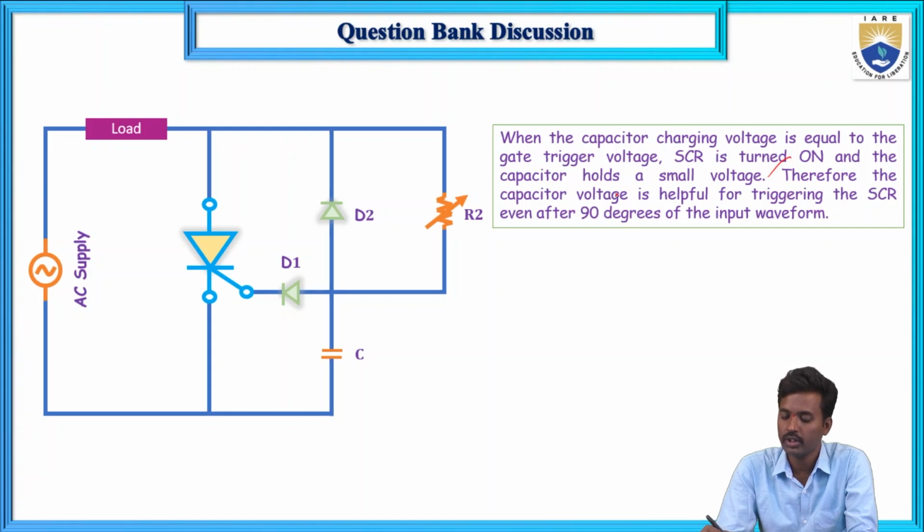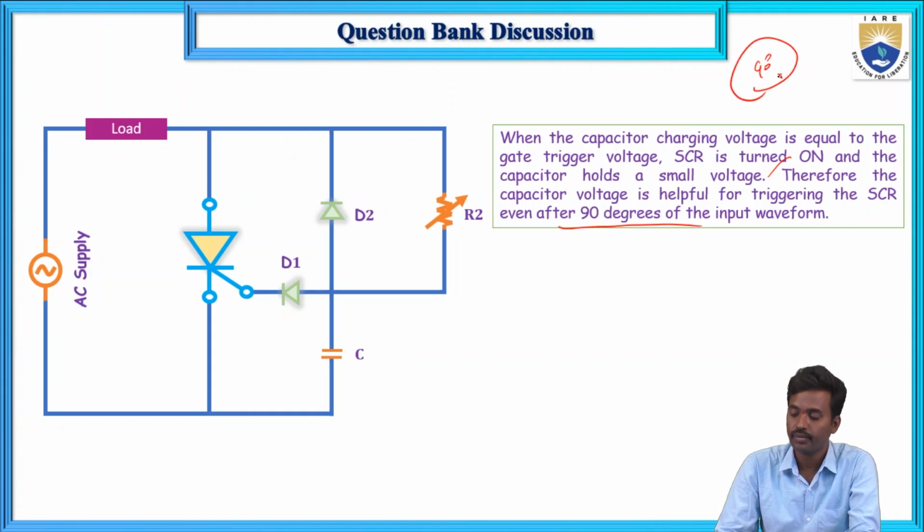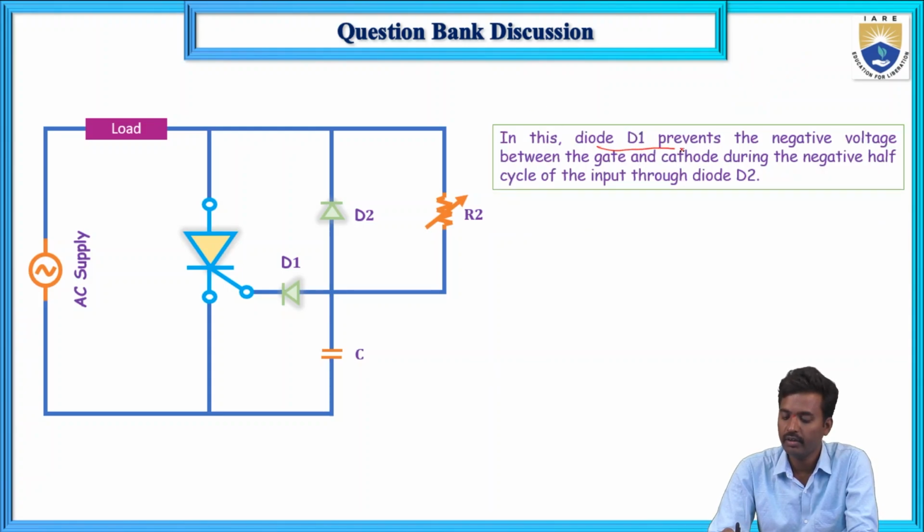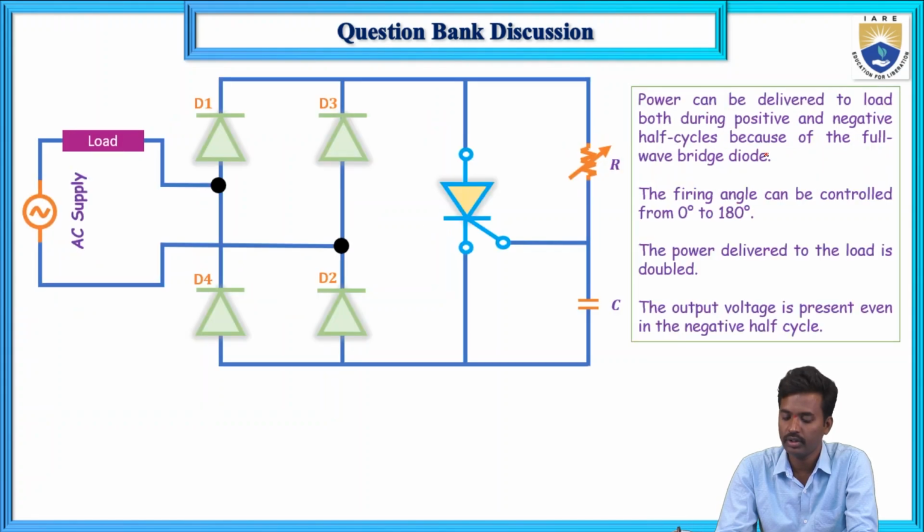Therefore, the capacitor voltage is helpful for triggering the SCR after 90 degrees also. This is important. The D1 diode prevents negative voltage between gate and cathode during the negative half cycle of the input, along with diode D2.